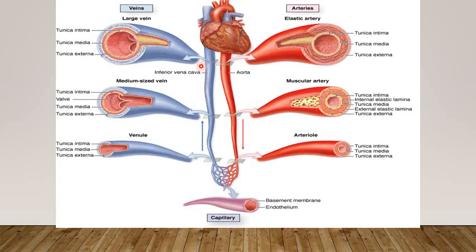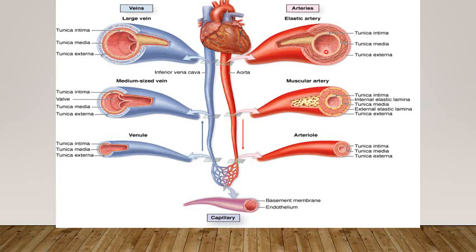As they ascend, their structure and functional components also change, same as in the arteries.